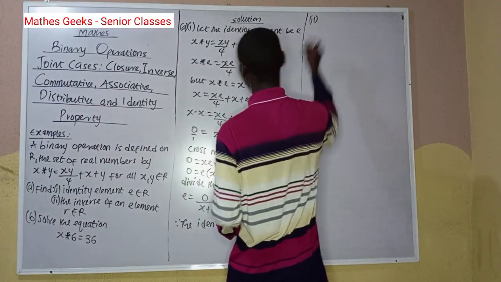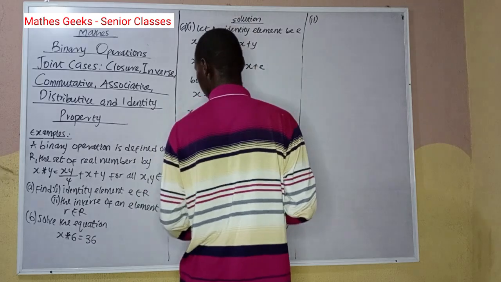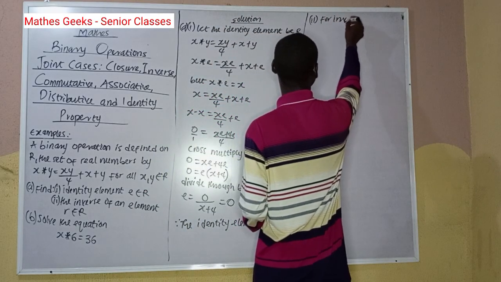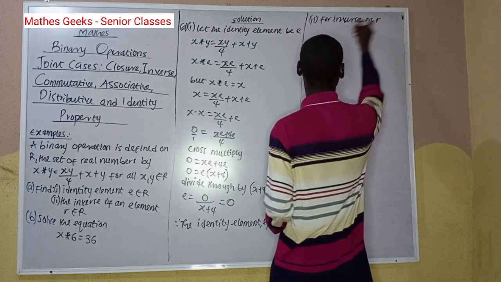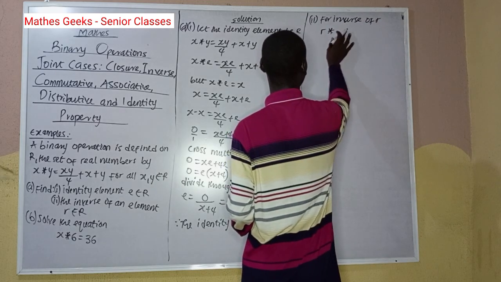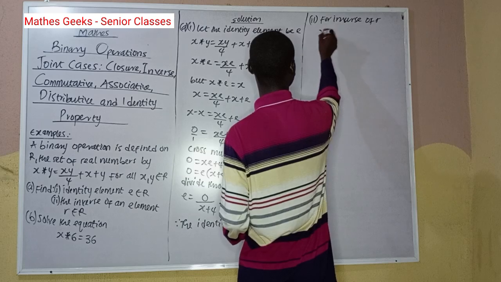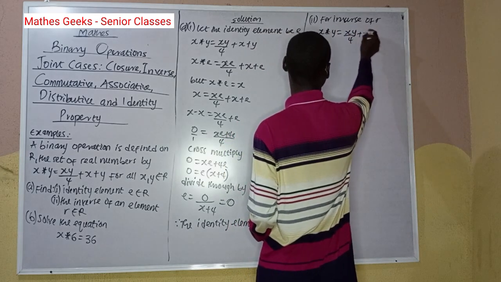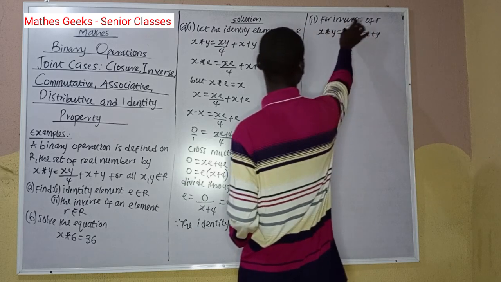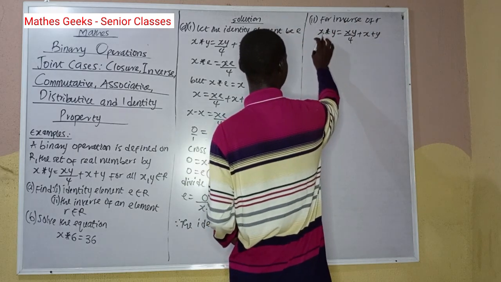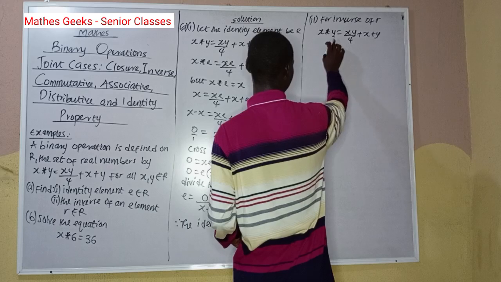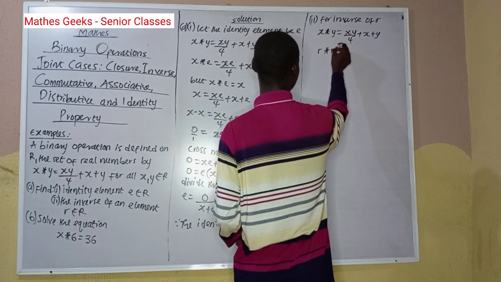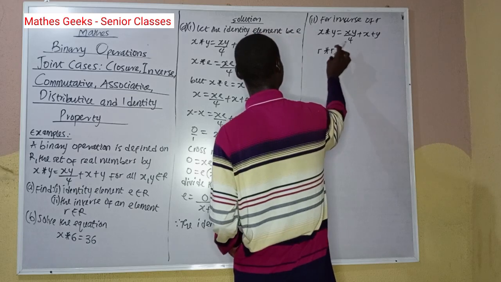Now part B. Find the inverse of an element R. So for inverse of R, since x operation y is equal to x y over 4 plus x plus y, for inverse of R, x will be replaced by R and y will be replaced by R inverse, which is R raised to power minus 1.